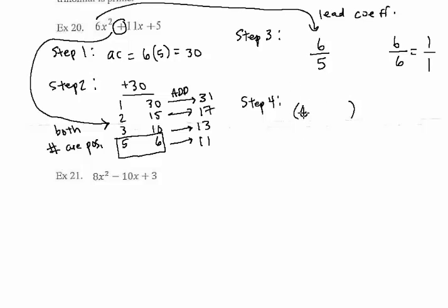So 6 goes in front of the x, and then we say plus 5. Over here, we're going to use 1 and 1 and write x plus 1, a 1x plus the 1 from the denominator, and that completes our second factor. If you want to double check it, just simply do the full method.